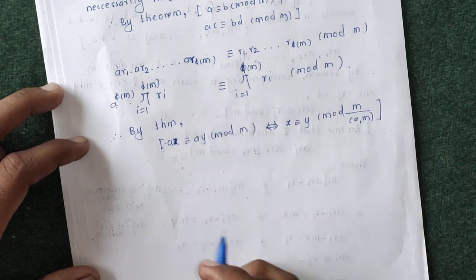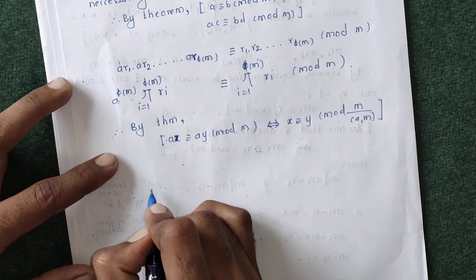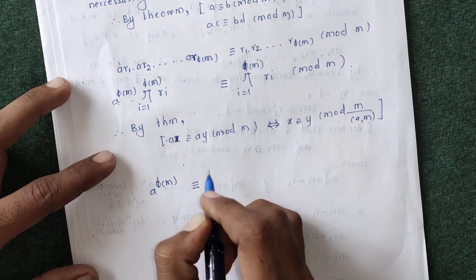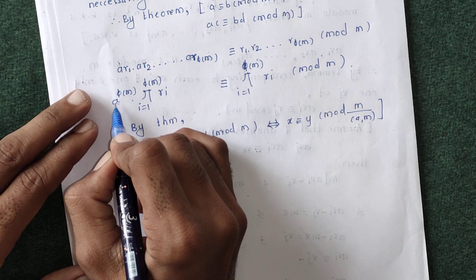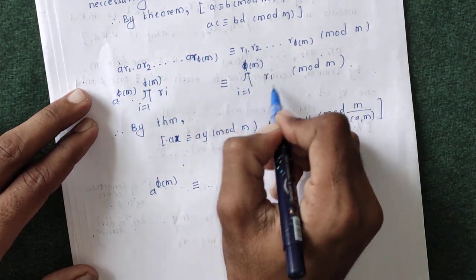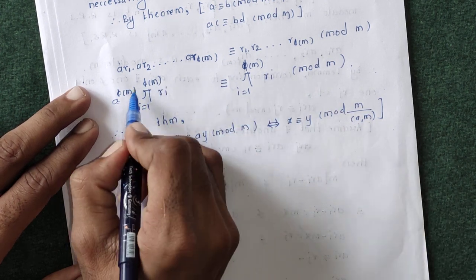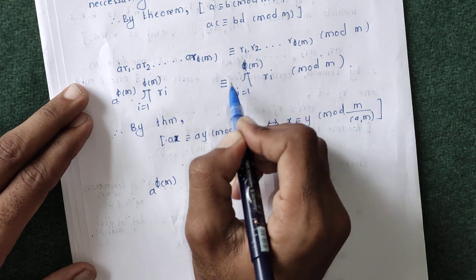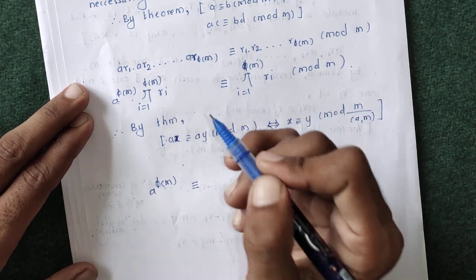Using this result we can write this a raised to phi of m is congruent to, here x is a raised to phi of m, a is the product of ris, and y must be 1. If we take this product common, there it remains 1.